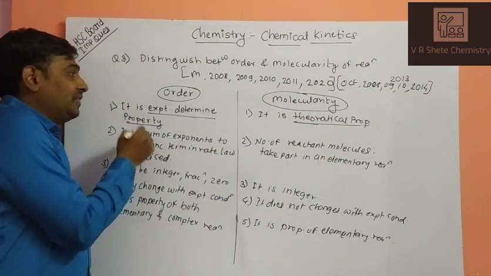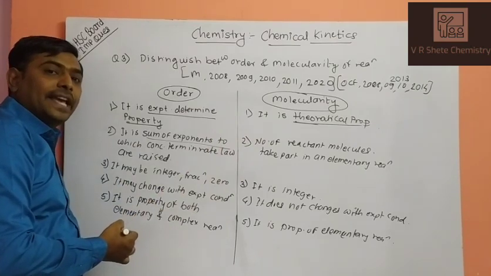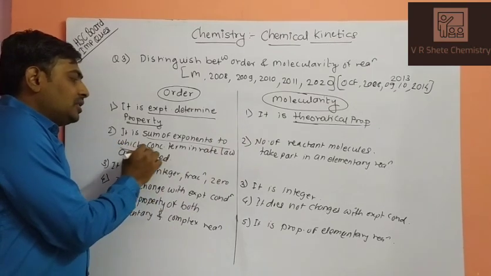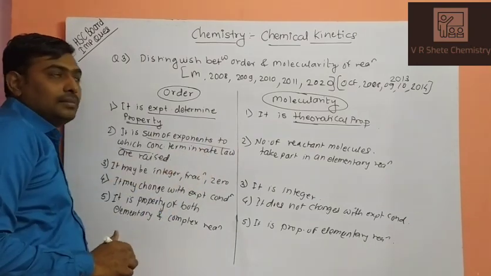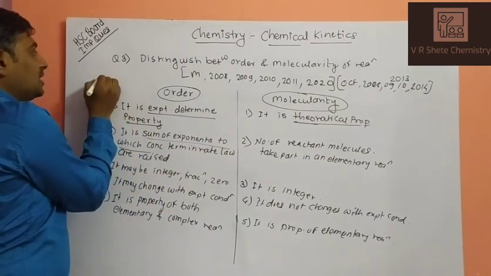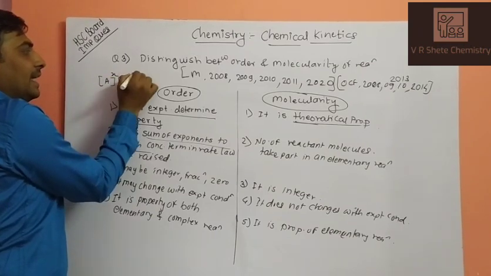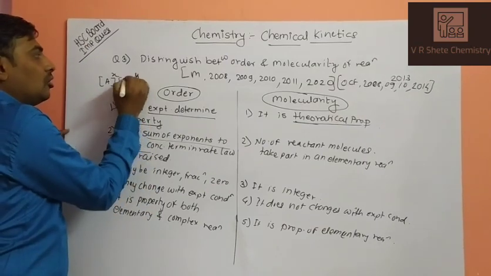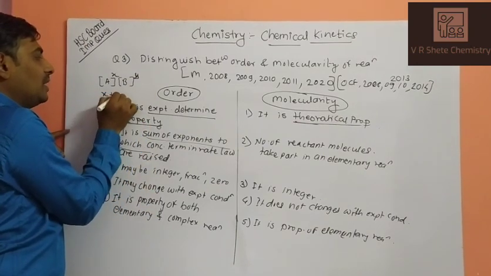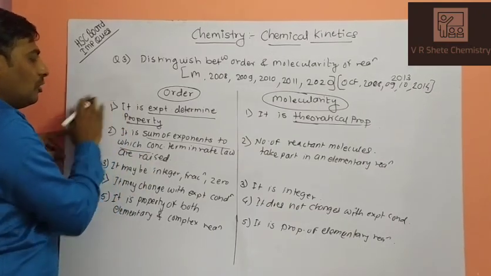Definition: order is the sum of the exponents to which the concentration terms in the rate law are raised. If you take the concentration terms A and B, and x and y are the powers to which the concentrations are raised, then x plus y is called the order of the reaction.